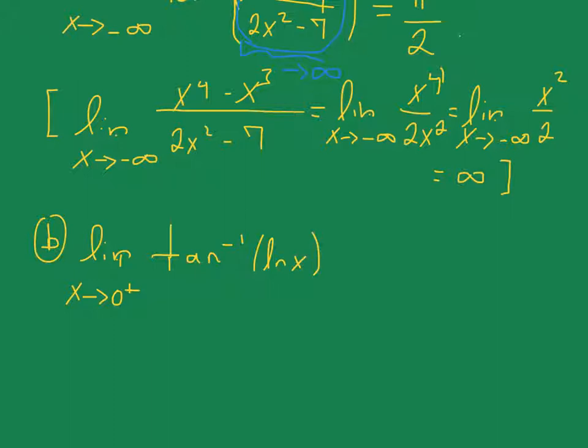For this one, we are going to want to use our knowledge about the graph of the inverse tan function, but also our knowledge of the natural logarithm function. In particular, what does the graph of the natural log function look like? It looks like this.